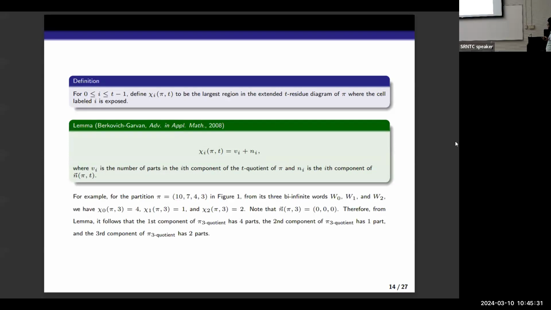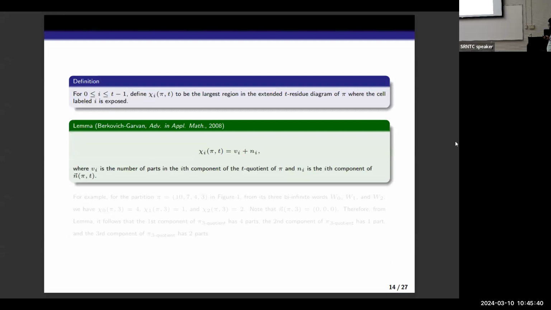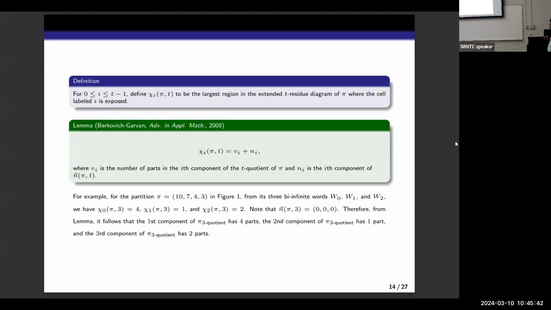And so for our example, using the 3 binary words that we saw just before, we saw that chi0 is 4, chi1 is 1, and chi2 is 2, and the N vector is 0, 0, 0. So it follows from the lemma that since we have three partitions in the 3 quotient, the first component of the 3 quotient of pi will have 4 parts, the second component will have 1 part, and the third component has 2 parts.